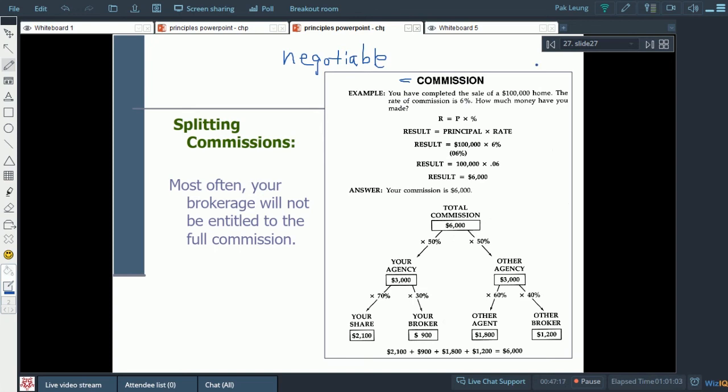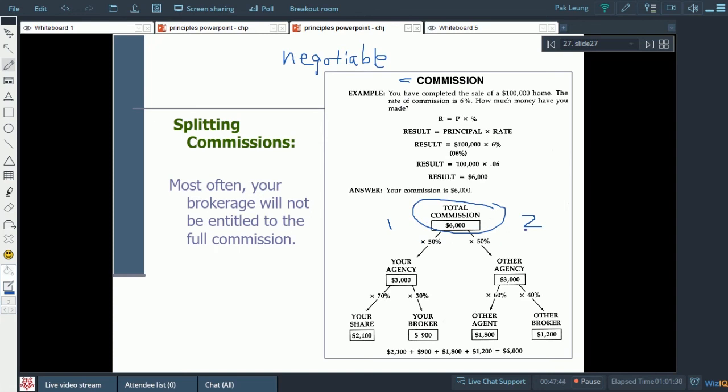So let's look at this example. You have completed the sale of a $100,000 home. The rate of commission is 6%. How much money have you made? So the total commission is 6%, $6,000, right?